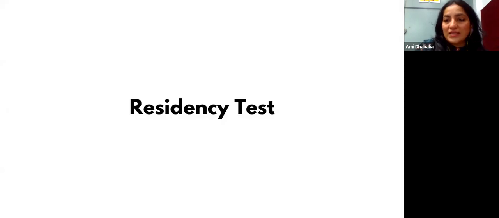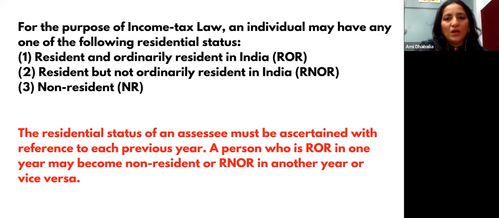Now, what is the residency test? In India, for the purpose of income tax law, individuals can be classified into three residential statuses. One is ROR, that is resident and ordinarily resident in India.